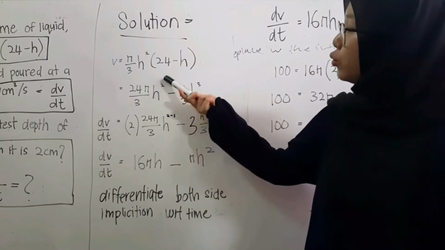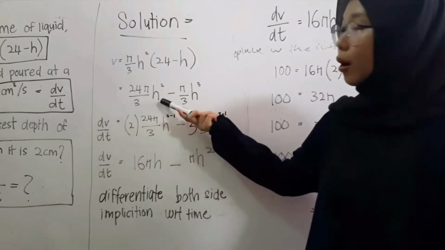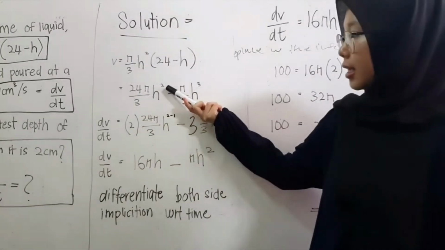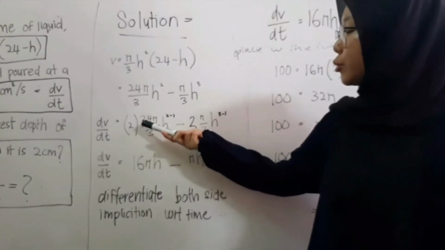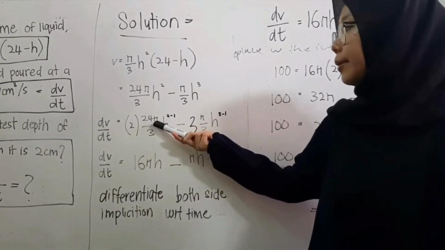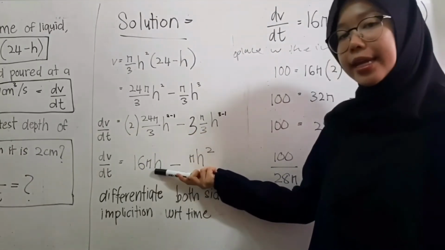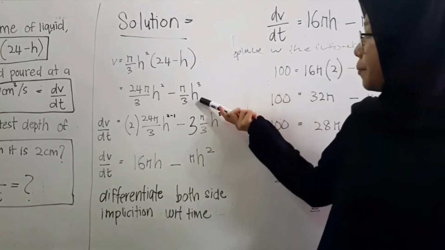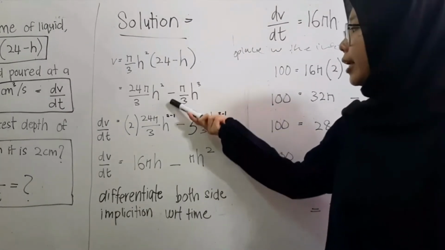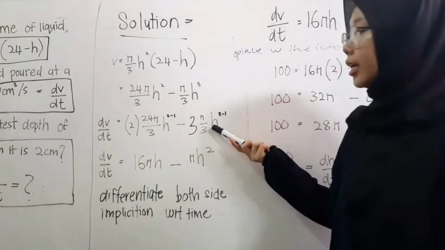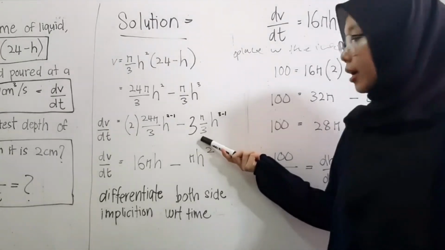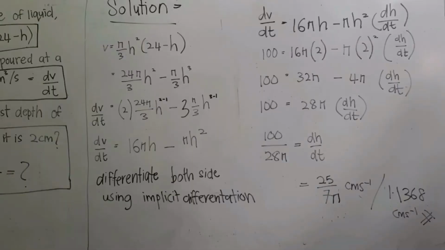We bring 2 to the front and the power will minus 1. So it will become 2 times 24 pi, become 48 pi. We divide by 3, it will become 16 pi H. Over here, 3 brings to the front and 3 divided by 3, we simplify becomes 1. So we get the equation dV over dt equals 16 pi H minus pi H squared.